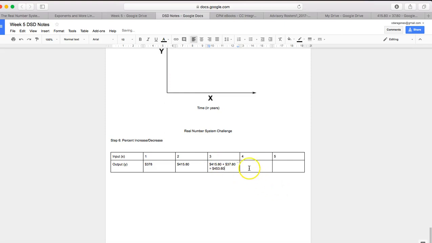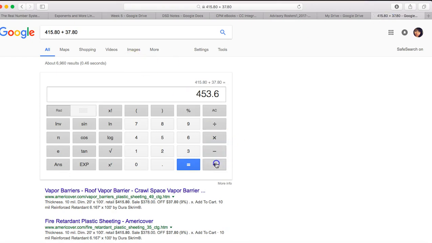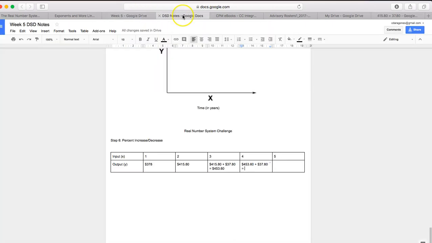And then we're going to do another 10% increase. So we're going to take our $453.60 and add $37.80, right? So plus $37.80. I get $491.40. And then the last one, same thing.